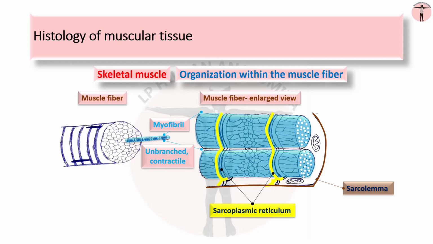Myofibrils are unbranched contractile units running parallel to the long axis of the muscle fiber. Mitochondria and sarcoplasmic reticulum are found between the myofibrils.